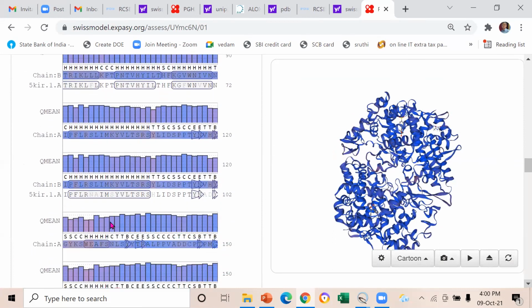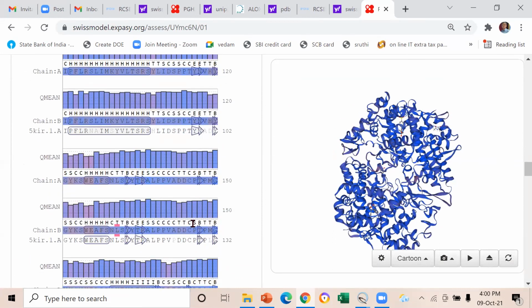Okay, so in this portion, those two are not matching.